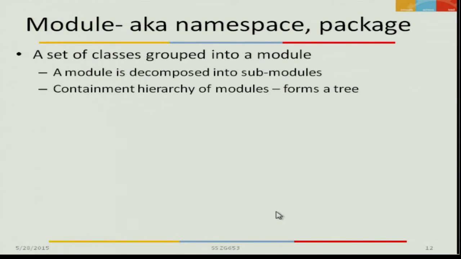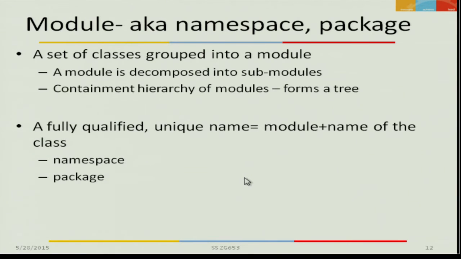We'll focus on the module a bit, because this is more architectural in nature. So a set of classes are grouped into a module. A module can be decomposed into submodules, and it actually creates a containment hierarchy of modules. Now you can clearly see how it is related to the module structure of the software architecture.